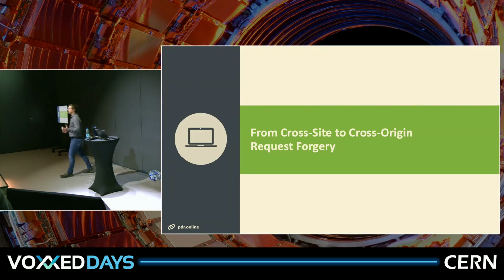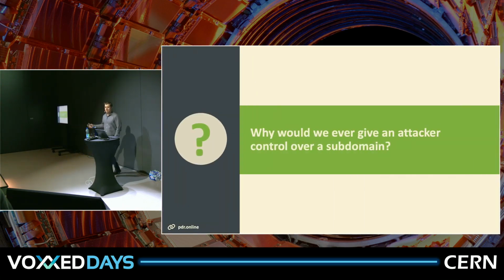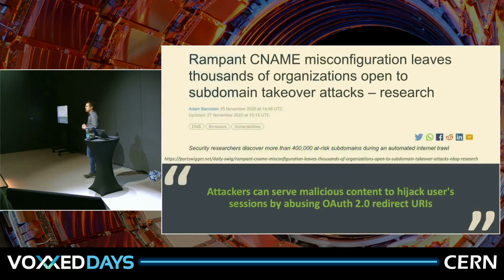I'm sure you're wondering, like, seriously, dude, why would the attacker ever run something on a subdomain? We don't just give them out to attackers. That makes no sense at all. So how do we get there? How does that happen? Well, it turns out that a lot of people's DNS services are not very well configured, and you have a lot of CNAMEs, which are aliases, basically pointers, like, hey, app.restograde.com points to this DNS name, which is something.azurewebsites.whatever, or something on AWS, or something on, I don't know, Cloudflare, and so on and so on.